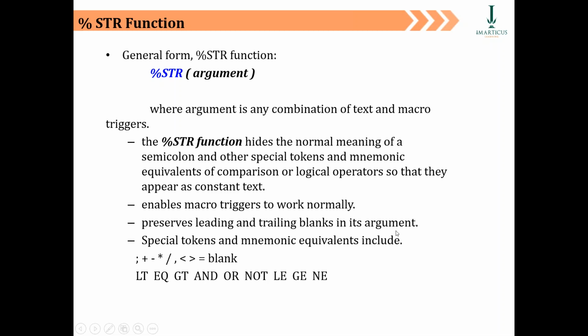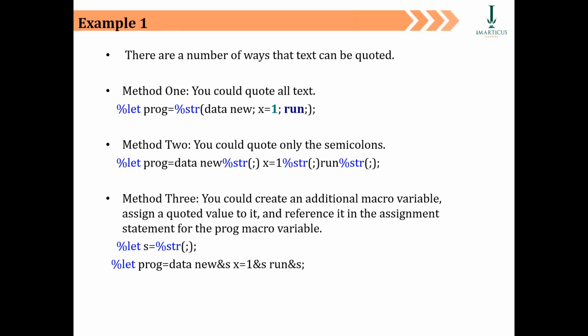It preserves leading and trailing blanks in the argument. Special tokens and mnemonic equivalents include semicolon, plus, star, blank, and probably LT, EQ, GE, and, or. These are also considered in this case.